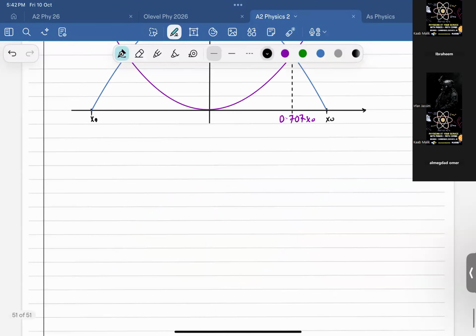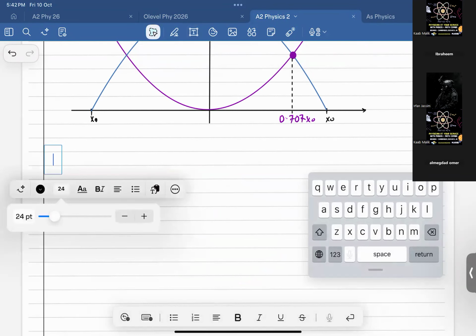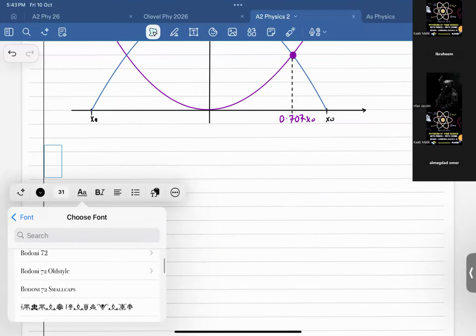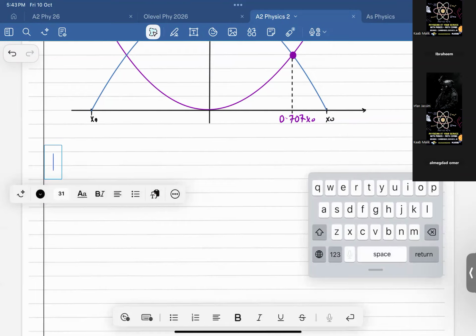Okay. So from this point on, we have to do the forced oscillation. Right here. Okay.